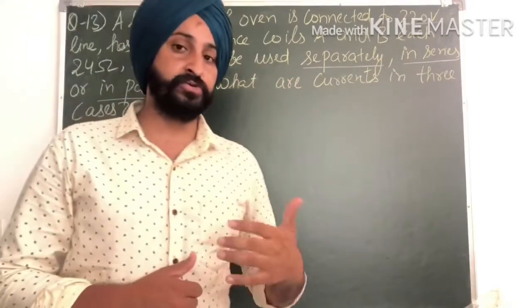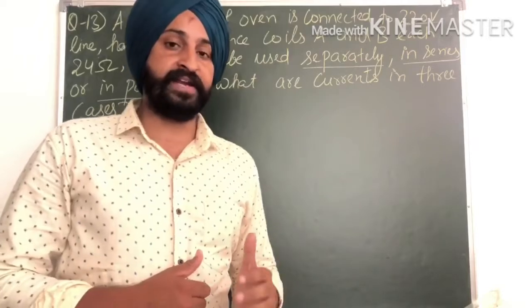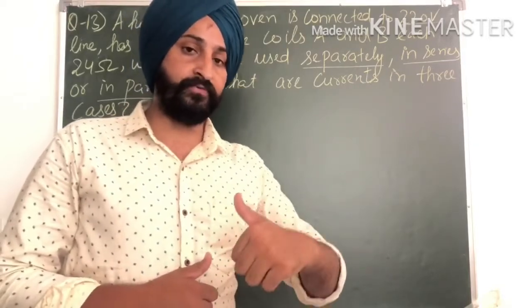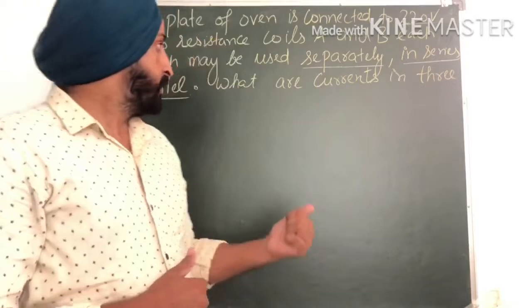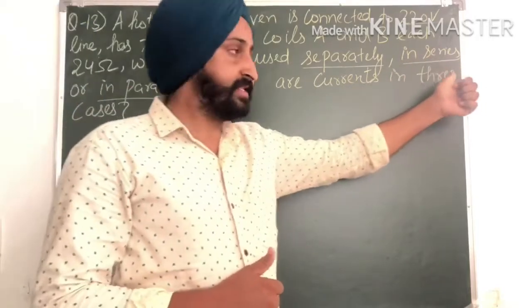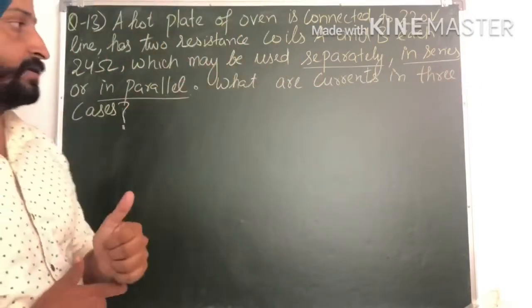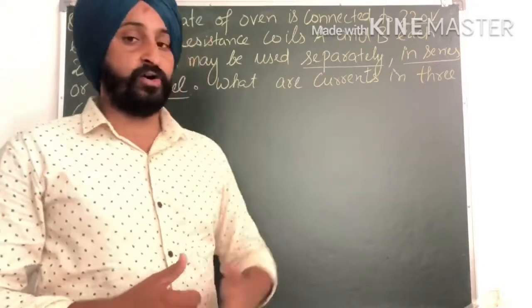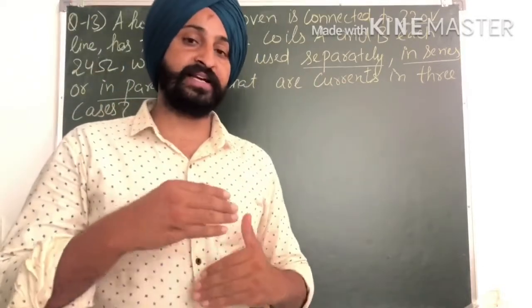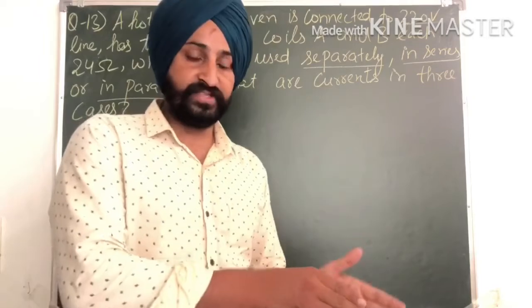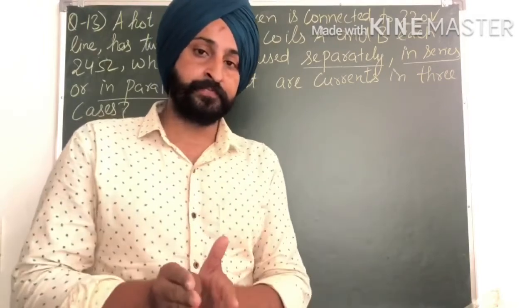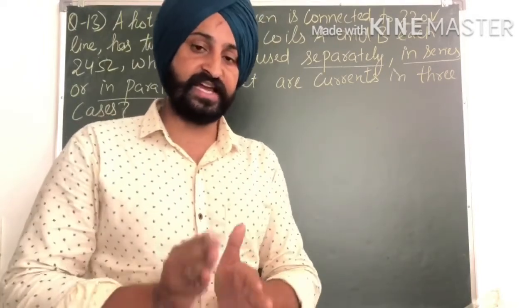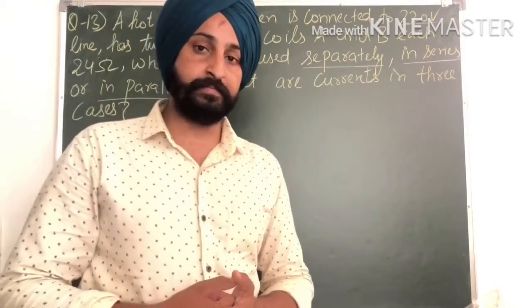That means you can use one of these two coils, and you can also use them in series and in parallel. What is the current in all these three cases? We have to calculate the current when either one is used, second when the two are used in series, and third when the two are used in parallel.